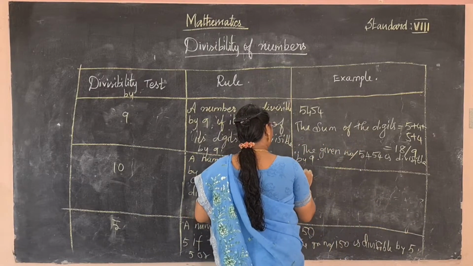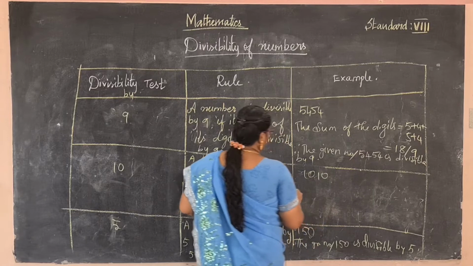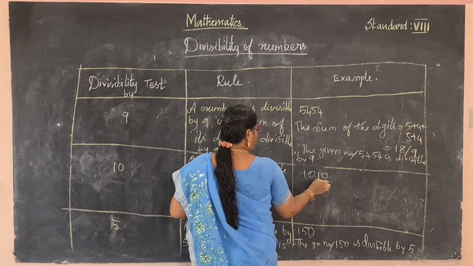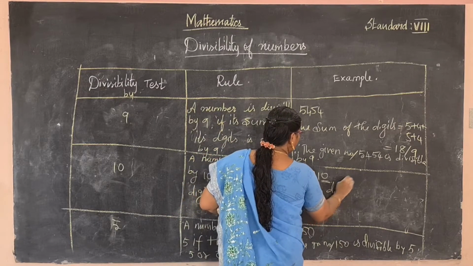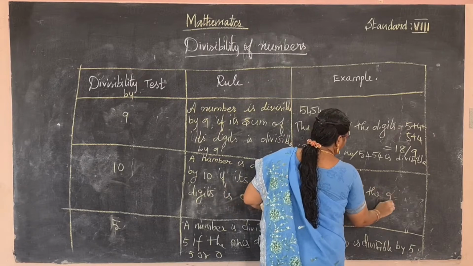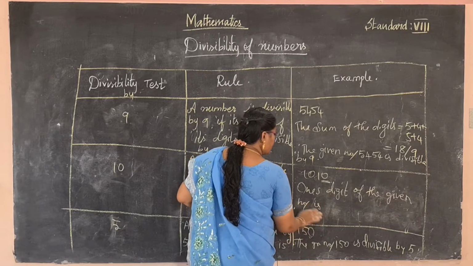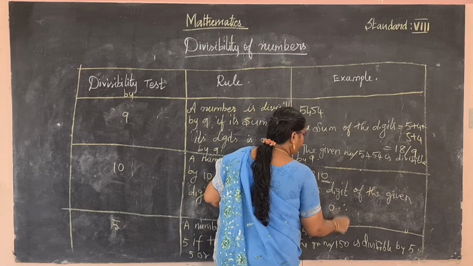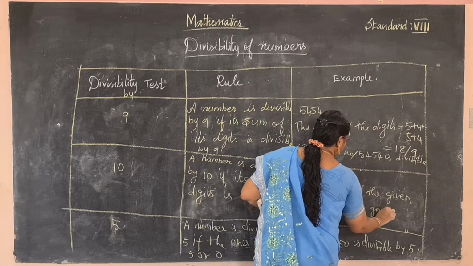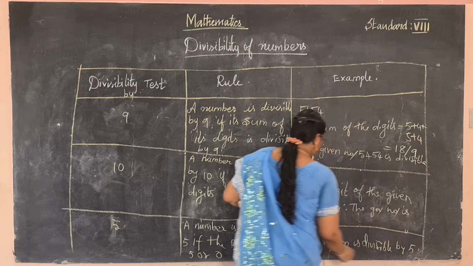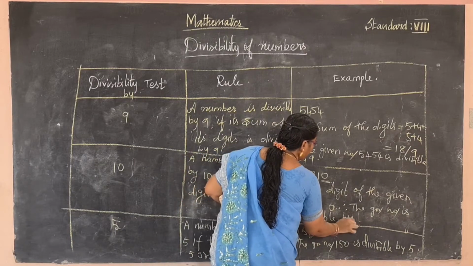Example: 1010. The ones digit of the given number is 0. Therefore the given number is divisible by 10.